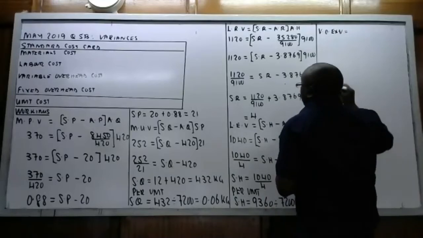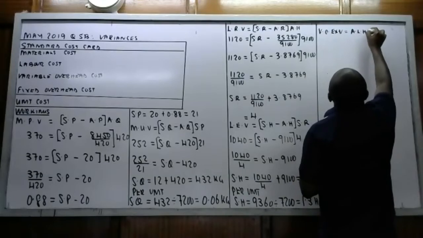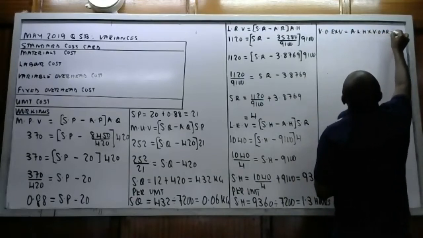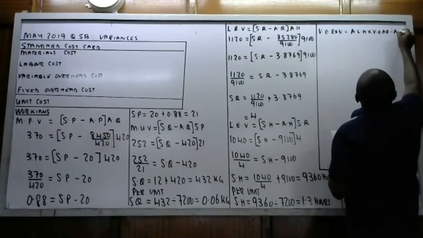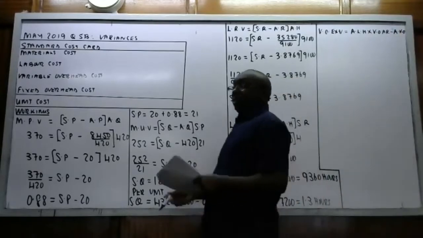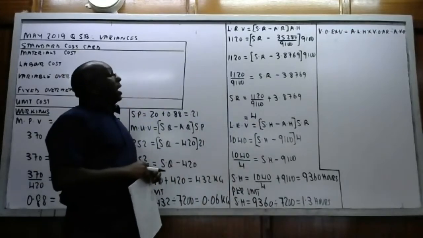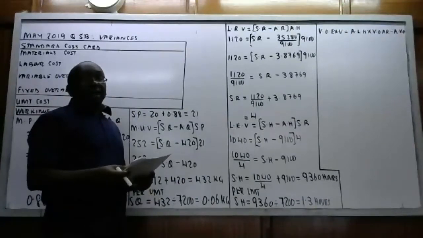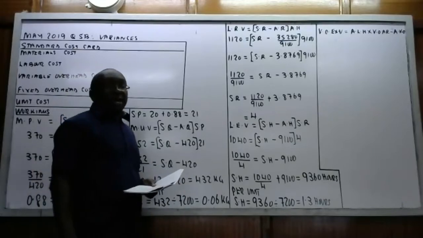Expenditure variance is given as actual labor hours times VOAR, variable overhead absorption rate, minus actual variable overheads. It is given as the actual labor hours times variable overhead absorption rate minus the actual variable overheads.